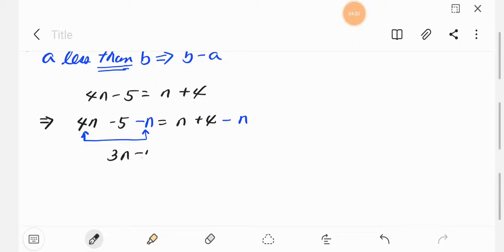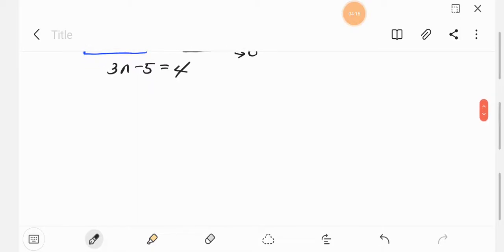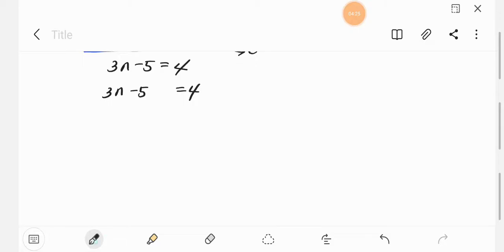So 3n minus 5 equals, of course, 0 on the right hand side is 4. The left hand side of the equation is 3n minus 5. Let's leave 3n on one side and move this minus 5 to the right. So we add 5 to each side to make this 0. So we have 3n on one side, and the right hand side is 9.